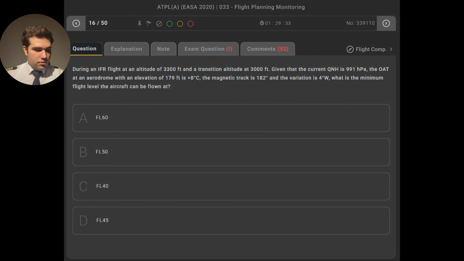Alright, so first of all, what we have to do is the temperature correction. So let's start with that. For temperature correction, we know that at sea level we need to have 15 degrees Celsius by the ISA standards. And every 1,000 feet you need to have minus 2 degrees Celsius to compensate for the cold air above.